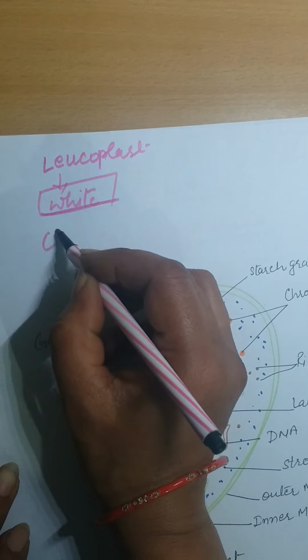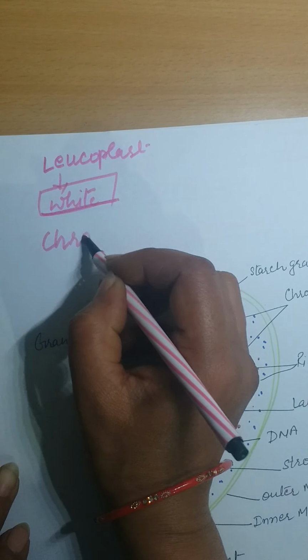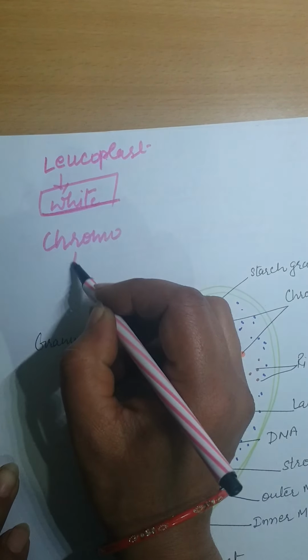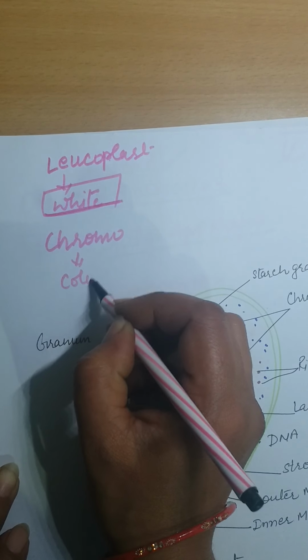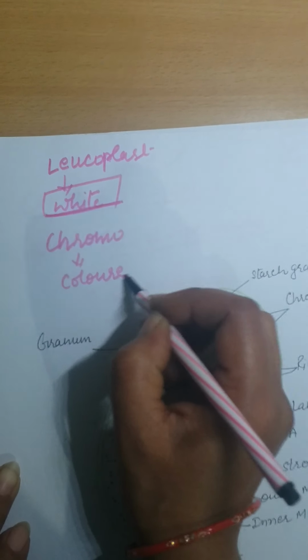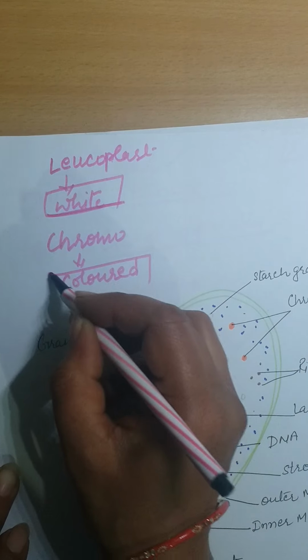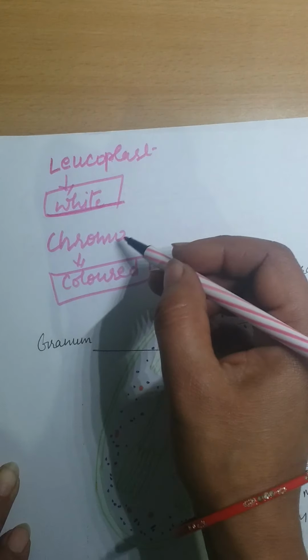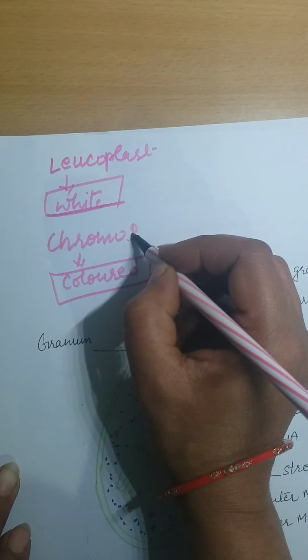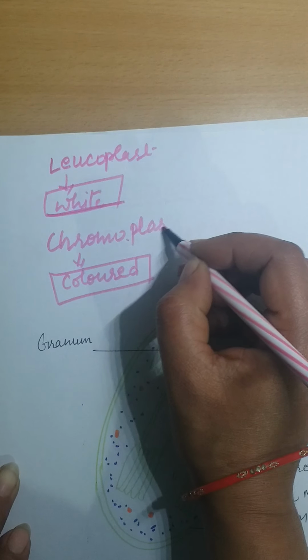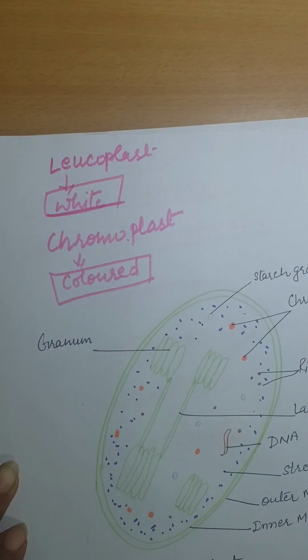And chromo means color. So colored pigments are known as chromoplast. So two types of plastids are over here, chromoplast and leucoplast.